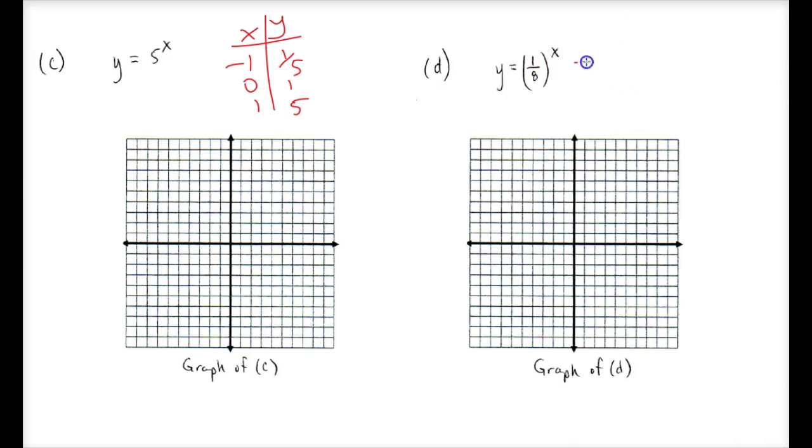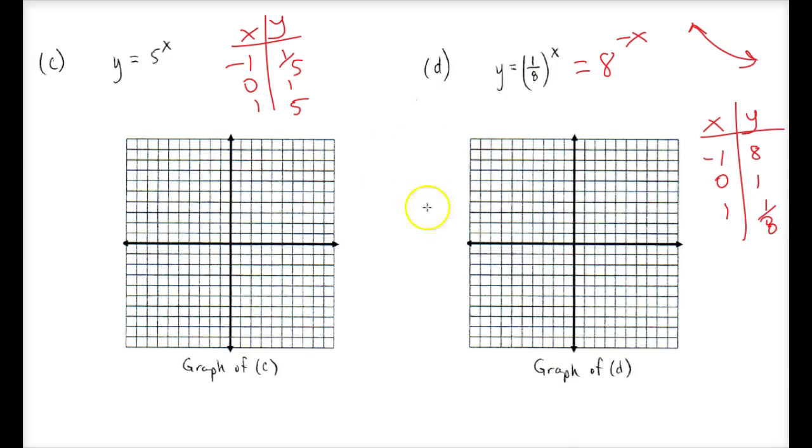And then for D, we know that this is going to be exponentially decreasing. So when we do our key points here, we know that we're going to go from high y value to low y value. Okay. And of course, we can just take those points and plot it. And I'll just do that for both of these graphs at this time.